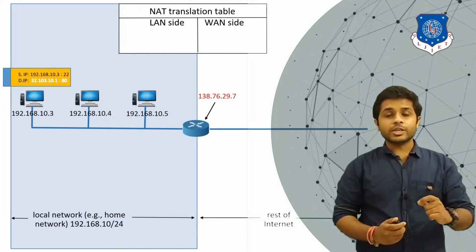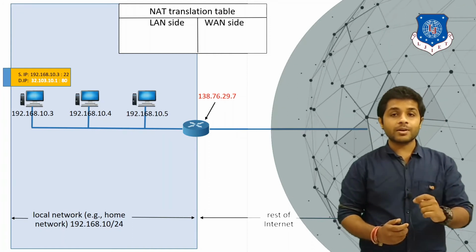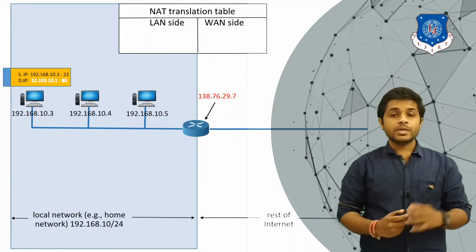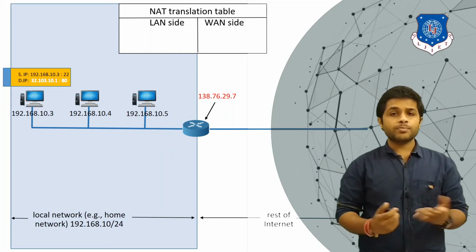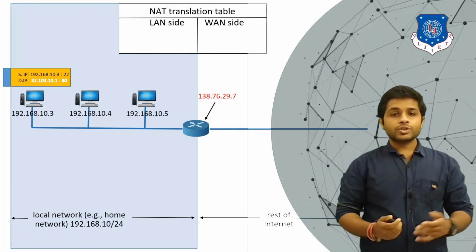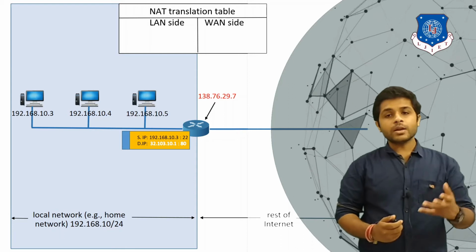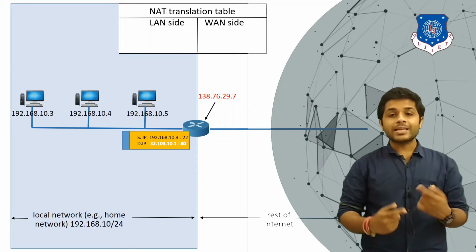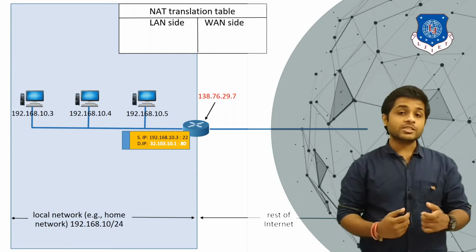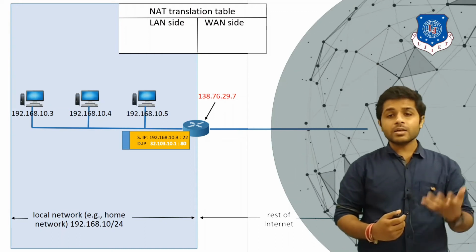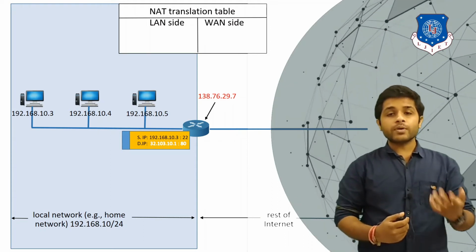In the initial stage, the router's network address translation table is empty. You can see that there are two fields, LAN side and WAN side, and both are empty. When the router receives this message, it will analyze it and make a change in it. Now, why can the router not forward this message as is?